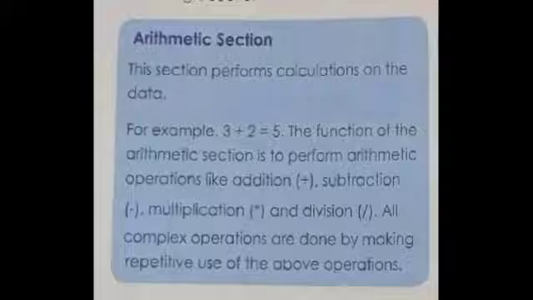For example, 3 plus 2 is equal to 5. The function of the arithmetic section is to perform arithmetic operations like addition, subtraction, multiplication and division. All complex operations are done by making repetitive use of the above operations.